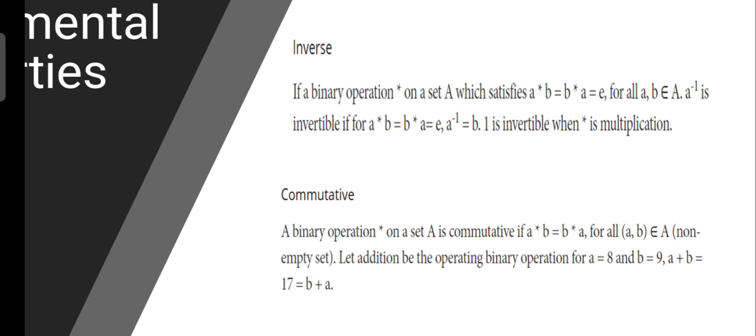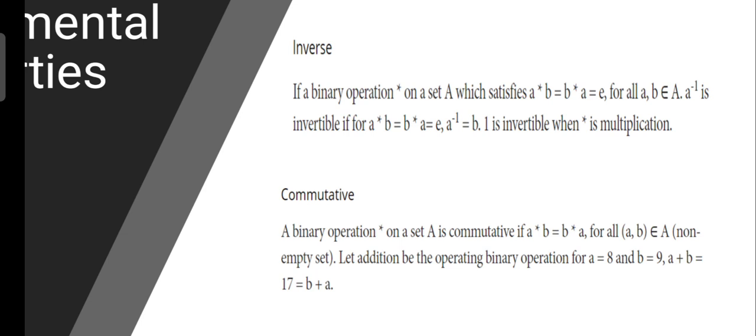Next property of binary operation is commutativity. It is similar to associativity, but in this property we take only two elements, and the property says that combination of two elements done in any order gives the same result.